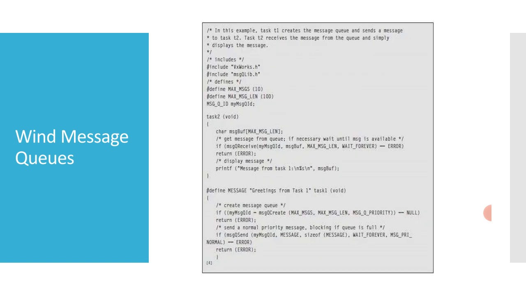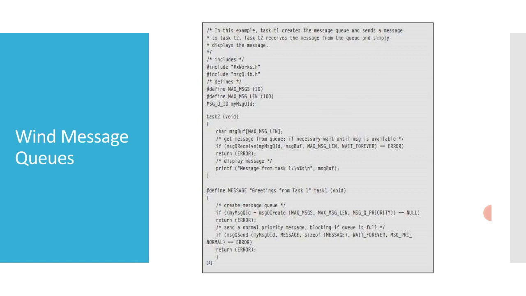So here you can see in this example, task T1 creates the message queue and sends a message to task T2. Task T2 receives the message from the queue and simply displays the message. After includes, we define MAX_MESSAGES, MAX_MESSAGE_LENGTH, and then the message queue ID, myMsgQId.